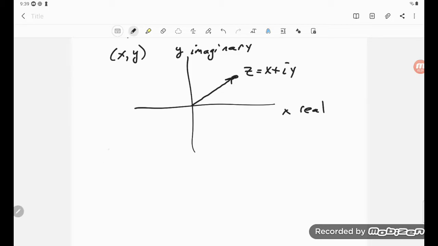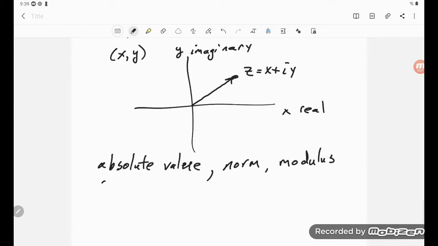And so we can talk about the absolute value. Okay, so that's one term. Norm, we can also use that term, or we can use modulus of z.